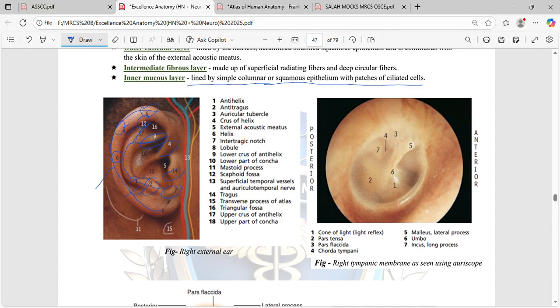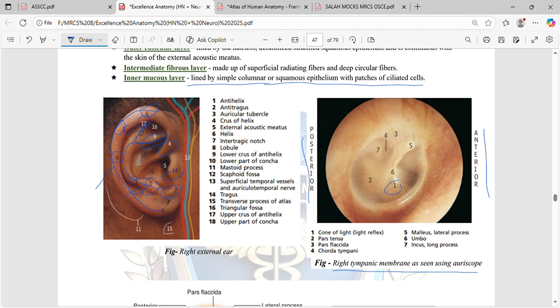Here is the right tympanic membrane as seen through an otoscope. This is the otoscopic view, this is the anterior, this is the posterior, so this is the right ear. Remember, this is the right ear. Number one is the cone of light reflex.